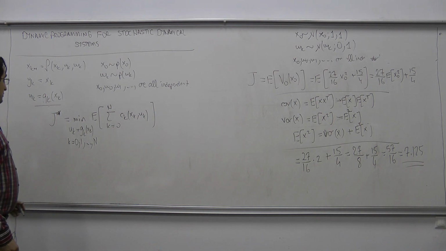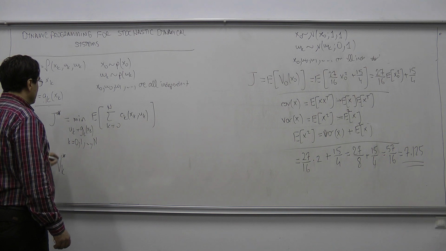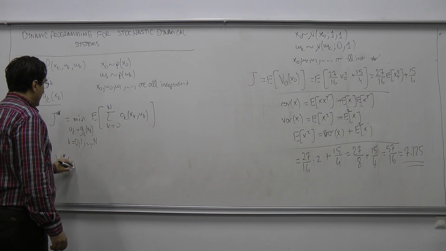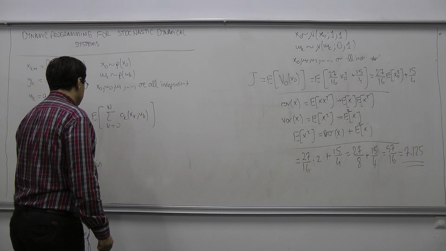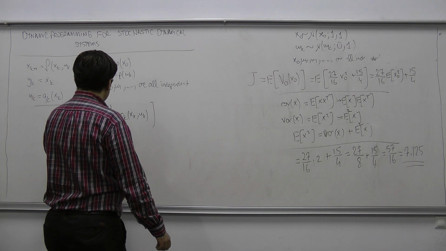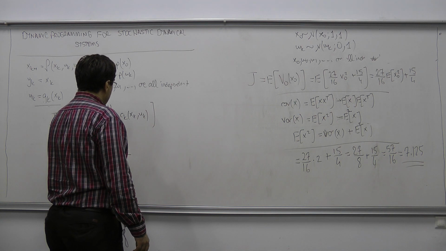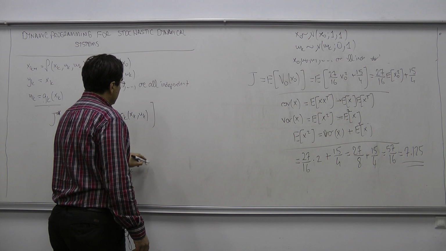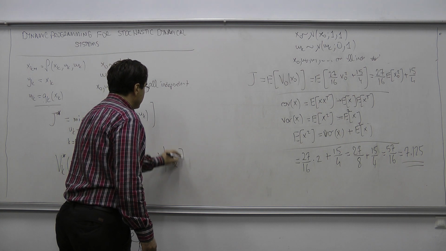So here, in order to be able to achieve this, I define my optimal cost to go, which is Vk star of xk. It is the minimization of this cost to go, the expected value of the sum over L from k to n of cL(xL, uL), given xk.